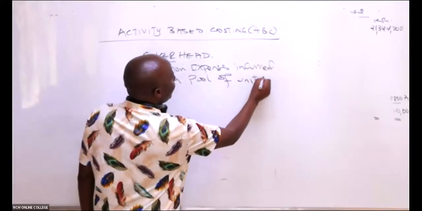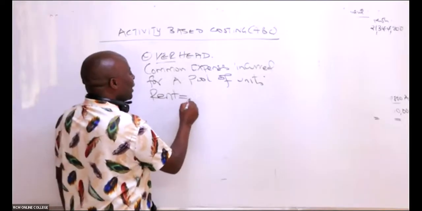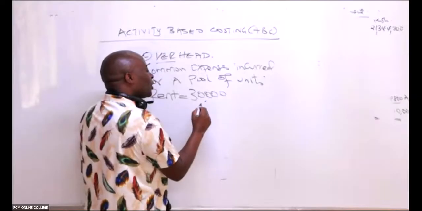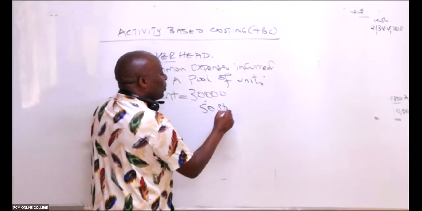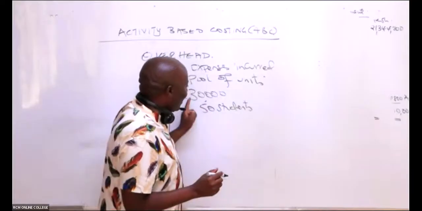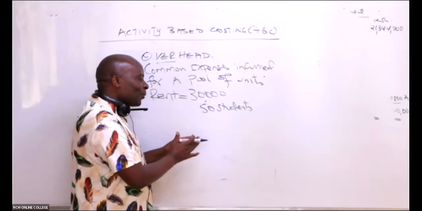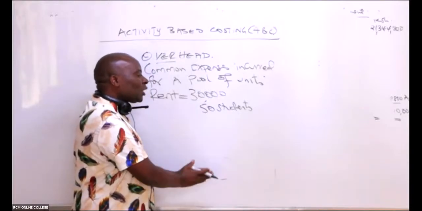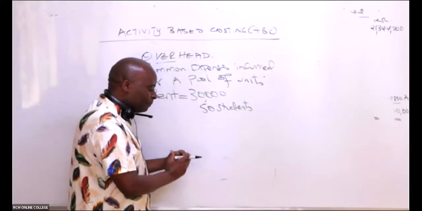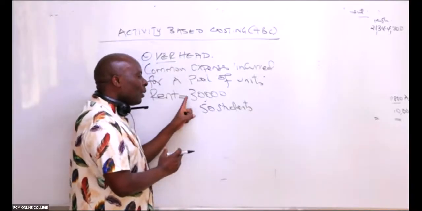They could be 100 units. So for example, when we pay rent of say 30,000 for this room, and we are paying this for 50 students to be comfortable, the room can accommodate 50 students. So you see the rent paid here, 30,000, is common for the 50 students. At the end of the day, for pricing purposes, to know how much fees each student will pay for us to take care of our costs and make a profit, we need to apportion this rent.